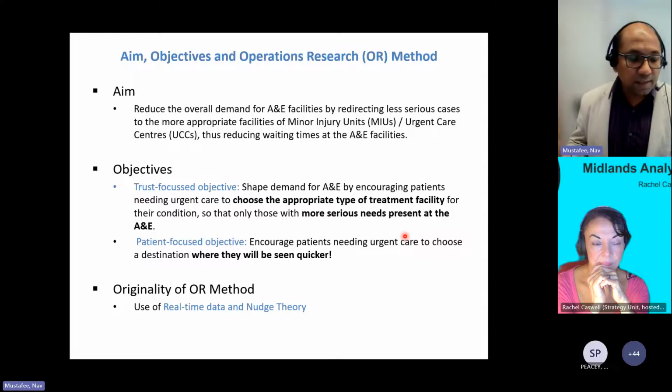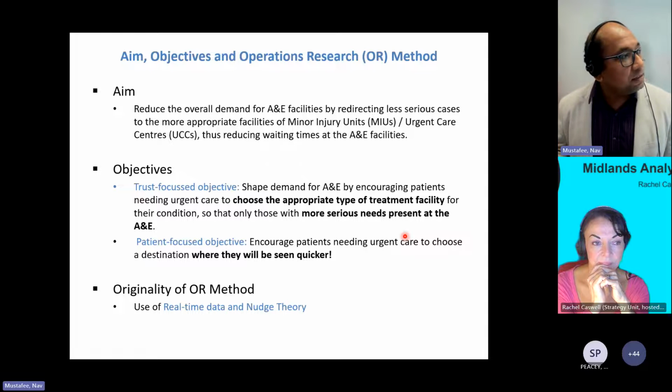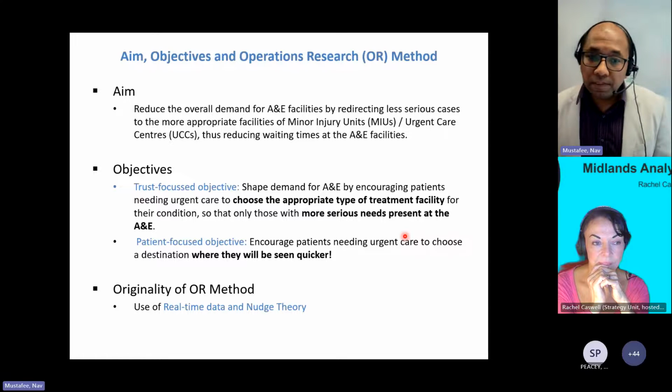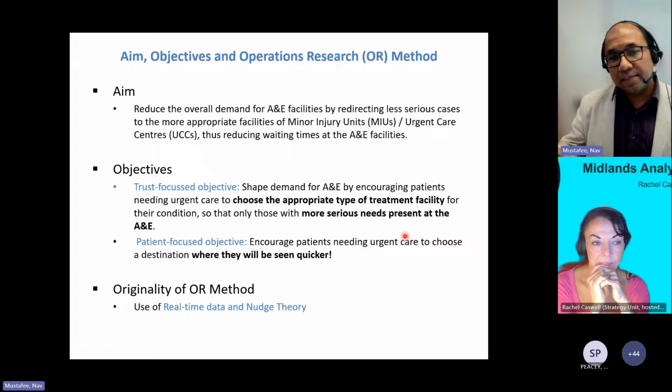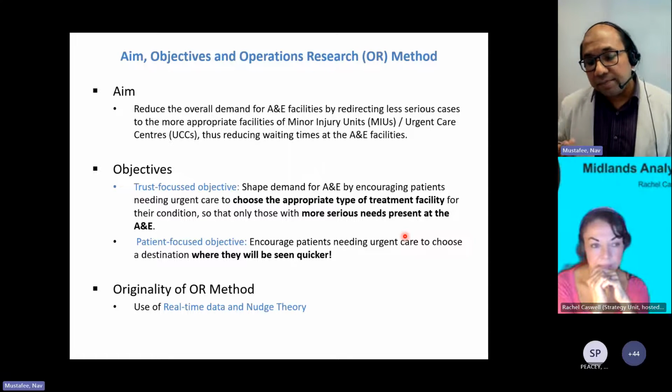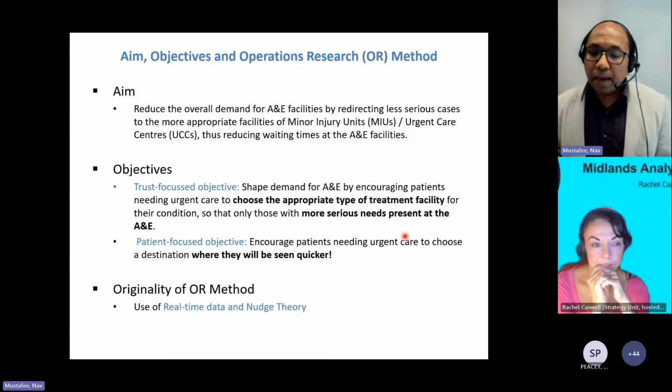So if the care is urgent but non-emergency, MIU is probably the best place. But still, if too many people are redirected to MIUs or urgent care centers, and we have real-time data, then the system balances itself.